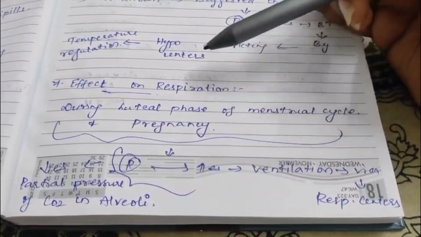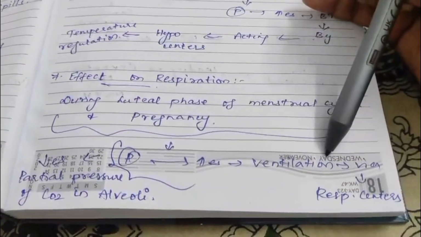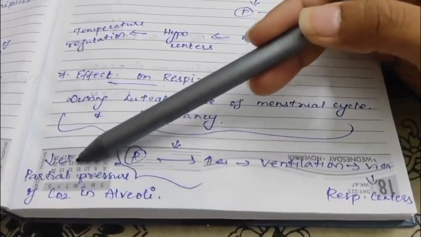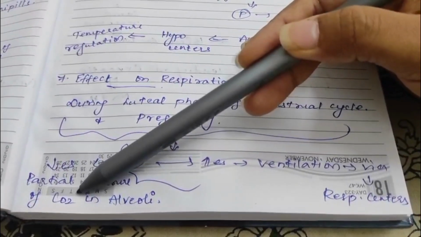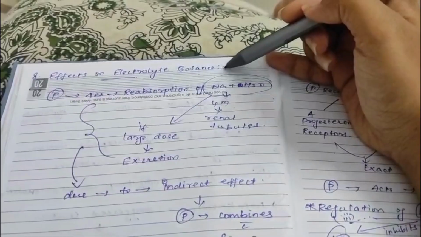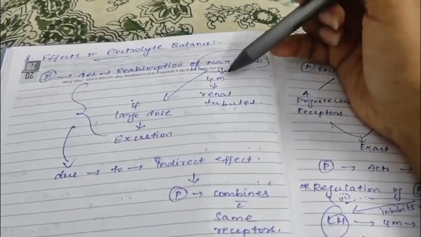Effect on respiration. During the luteal phase of the menstrual cycle and pregnancy, progesterone increases ventilation via the respiratory centers. This process decreases the partial pressure of CO2 in the alveoli. Effects on electrolyte balance. Progesterone increases the reabsorption of sodium and water from the renal tubules.